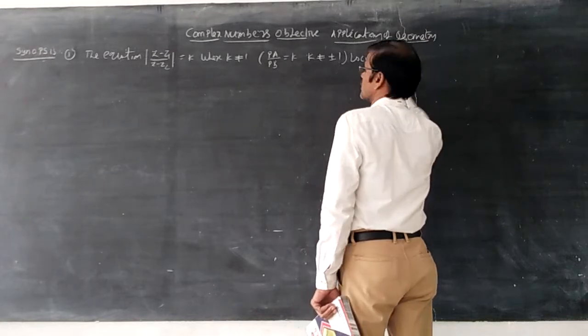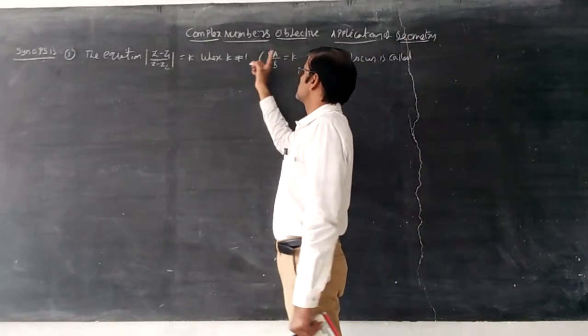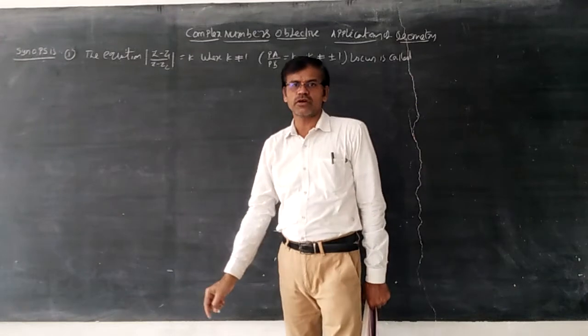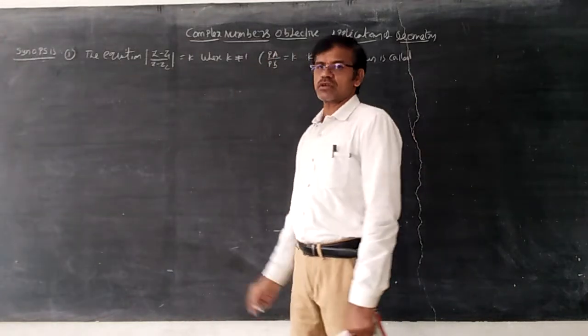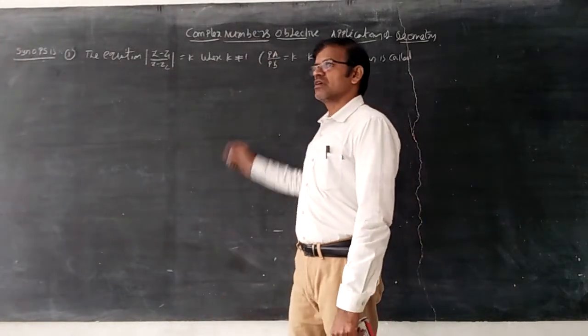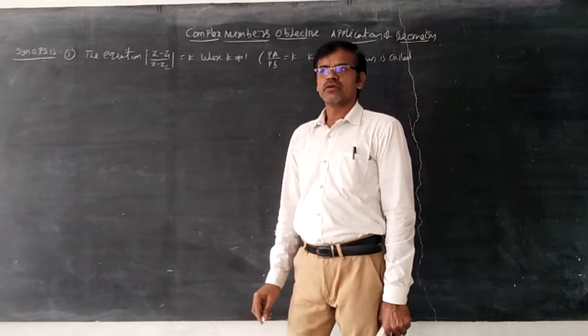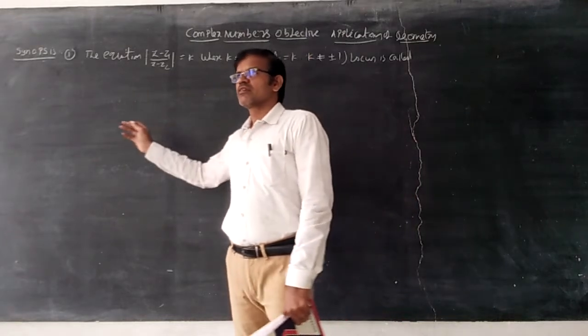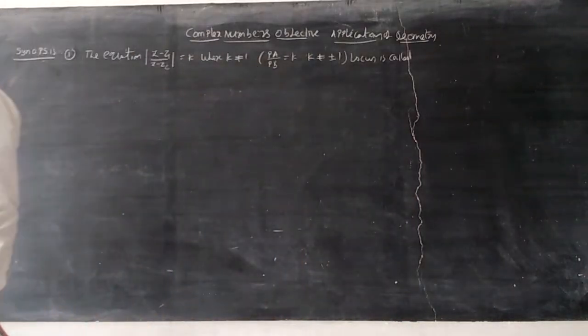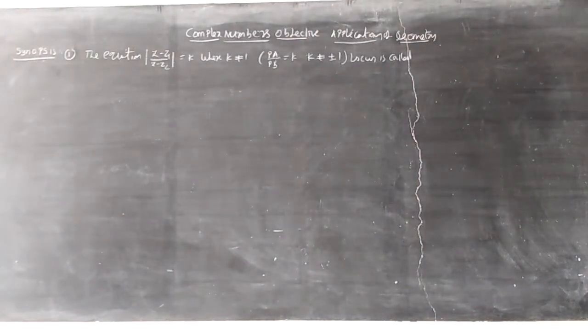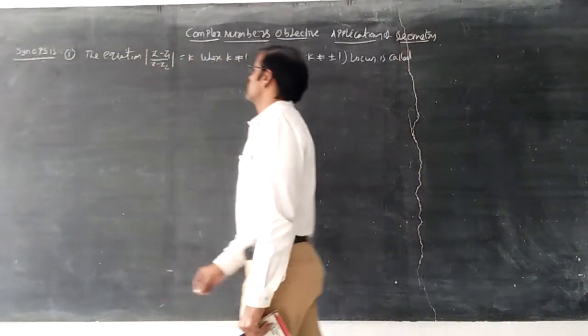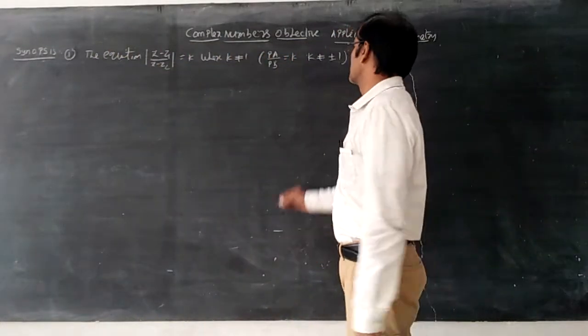In the similar way, here P means any point in the locus x comma y, A means x1 comma y1, and B means x2 comma y2. Z1 means x1 comma y1 and Z2 means x2 comma y2.